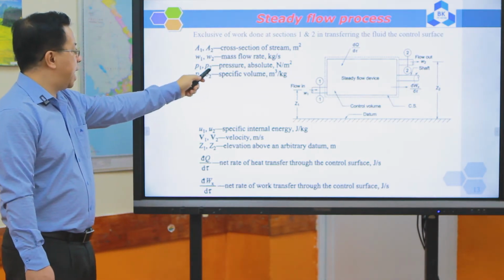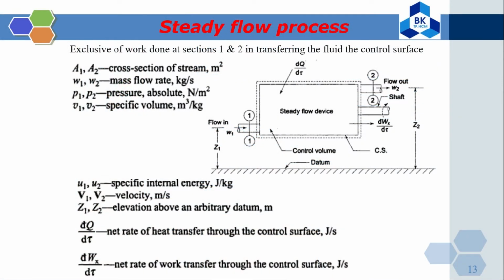P1 and P2 are the absolute pressures at sections 1 and 2 respectively, and small v1 and small v2 are the specific volumes, as you know from the first lesson. And U1 and U2 are the specific internal energies, the energy of 1 kilogram of mass.